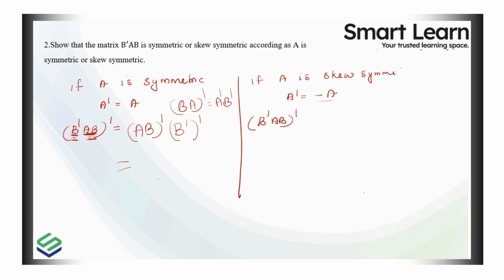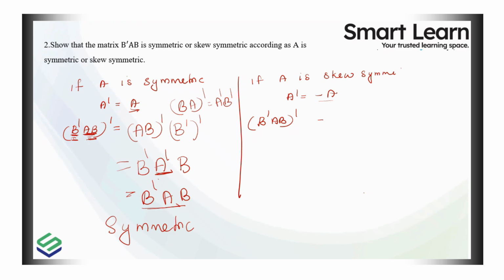B transpose into A transpose, this will be B. Now you know what is A transpose? A. That is B transpose AB. So when you take the transpose of this one, you will get the same. That means this is symmetric.